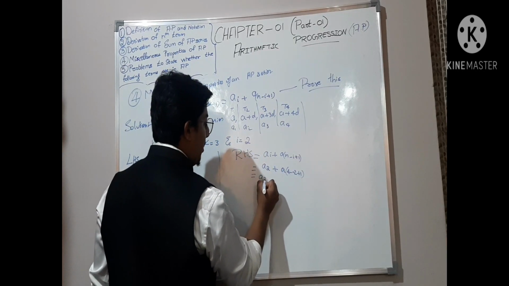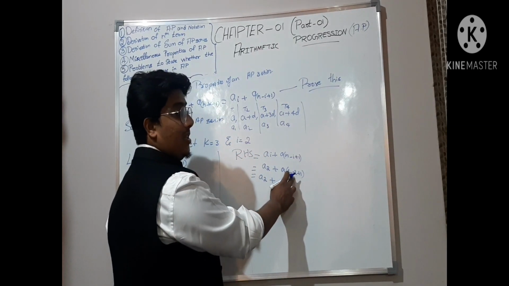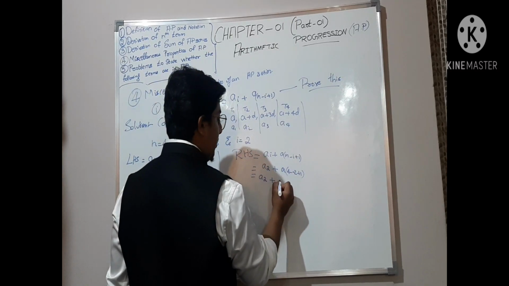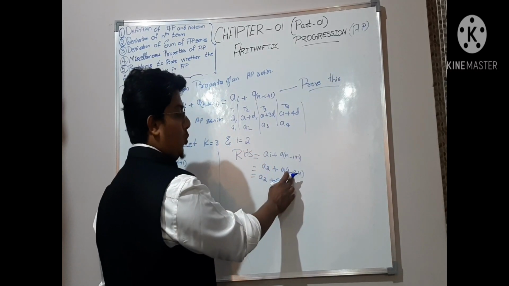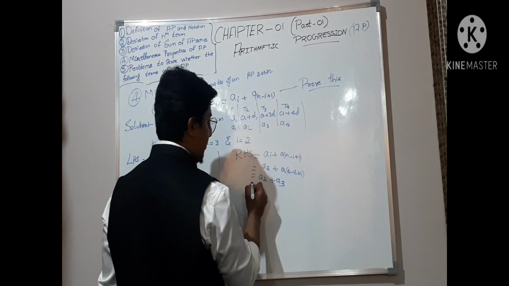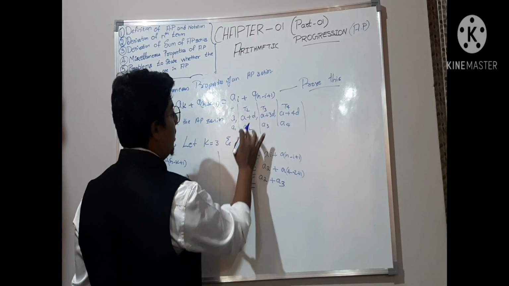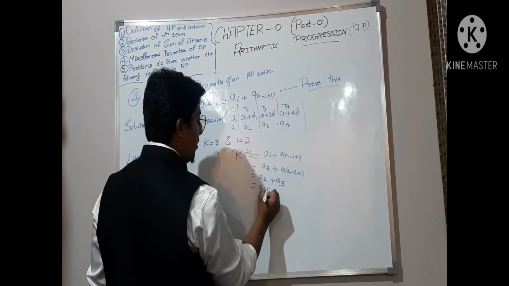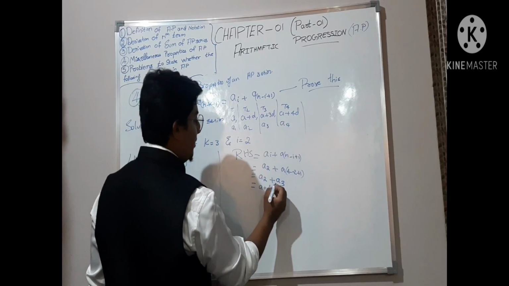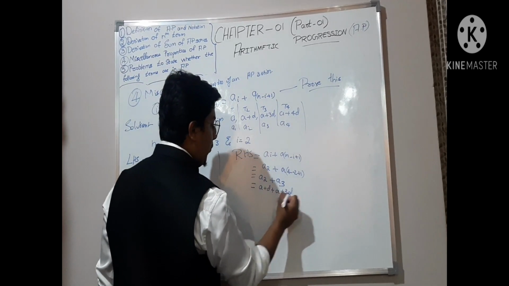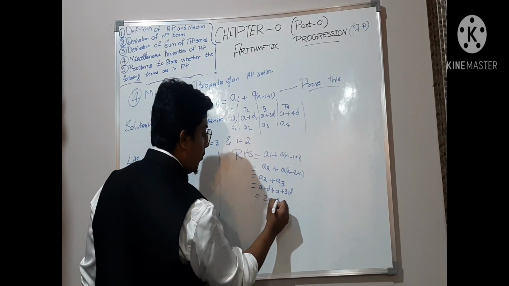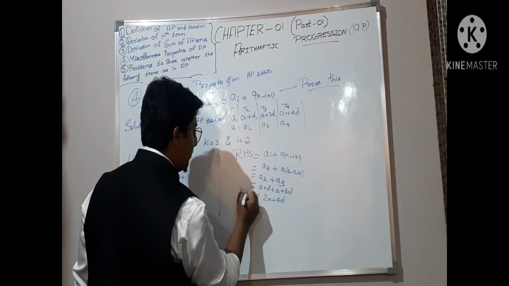We get a2 plus a3. A2 is given as a plus d and a3 is given as a plus 2d. So adding, we get 2a plus 3d on the RHS.